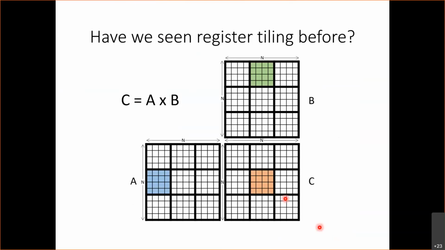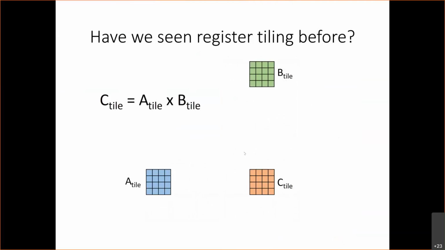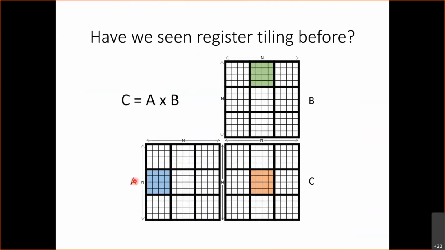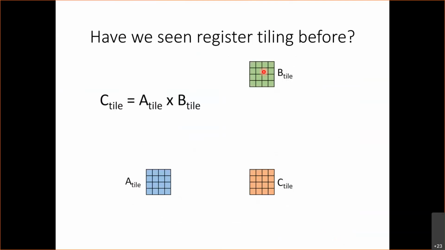In matrix multiplication, what I did is I would load my A and B tiles into shared memory, and I would use them to compute the C tile. So the A and the B tiles were stored in shared memory. Where was my C tile stored? Right, somebody said in the chat.